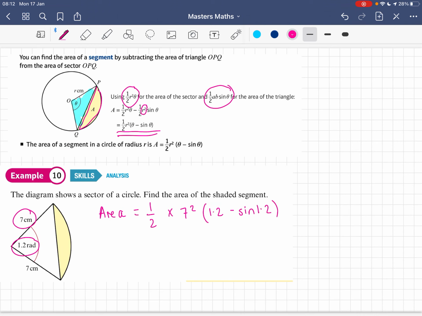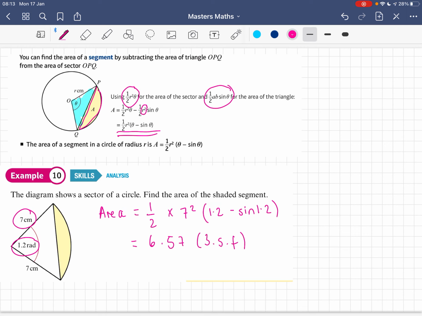Now here it is really important that your calculator is in radians, because we're putting our angle into a trigonometric function. So we need to do 0.5 multiplied by 7 squared, and then times by 1.2 minus sin 1.2. Remember, you're going to need a lot of brackets if you're popping that into your calculator all in one go. That gives us 6.57 if I round it to 3 significant figures.